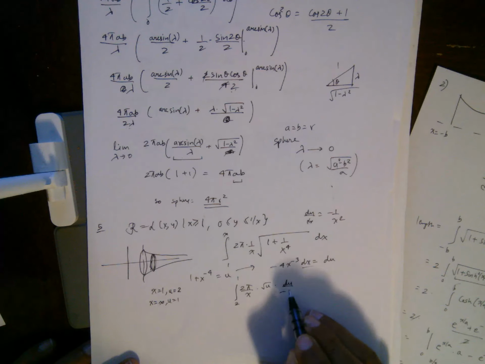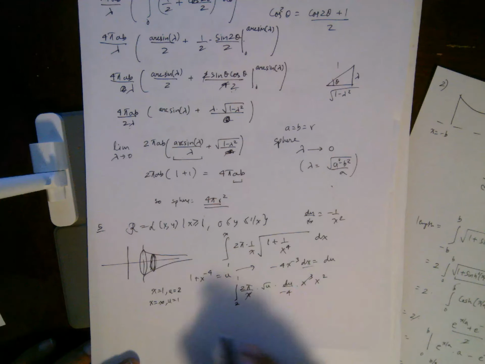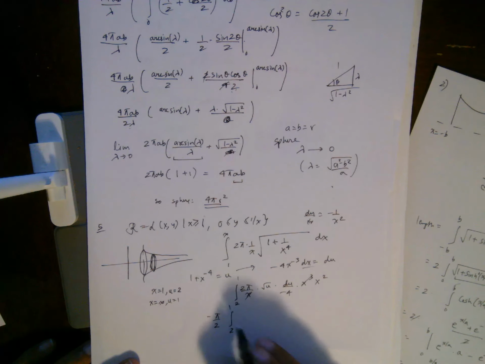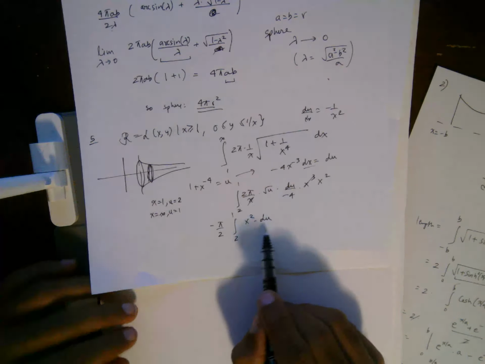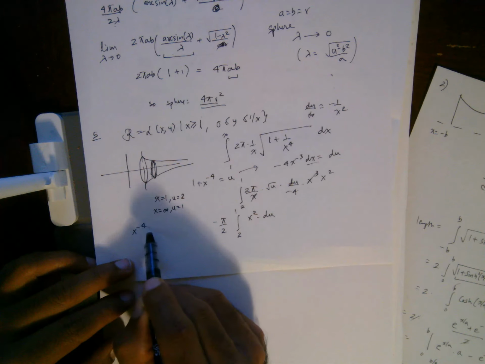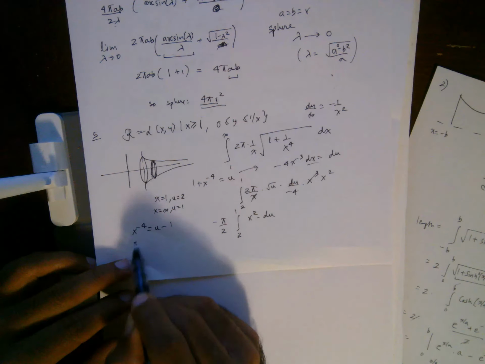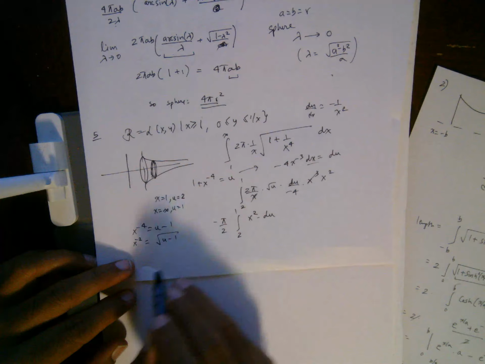So I have 2 pi over x root u du over negative 4 times x cubed, which cancels out. So I have negative pi over 2, 2 to 1, x squared du. Now that's no good because we want everything in terms of u. So let's see, x to the negative 4 is u minus 1. So x squared, or x to the negative 2 will be root u minus 1.